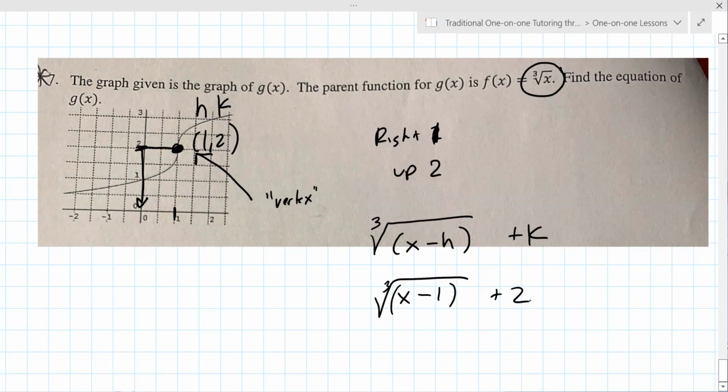Now you have a calculator on the test, you said. You can graph the one that you think it is and see if it looks reasonable on there, but you have to use the same window as this. That's maybe why your instructor chose this, because you'd have to be very careful to get it right.